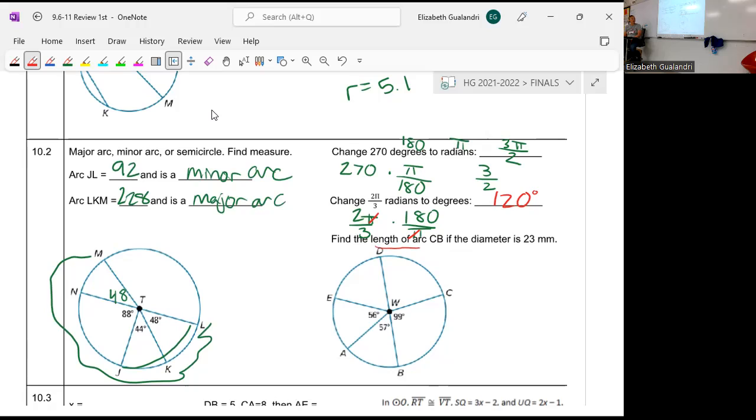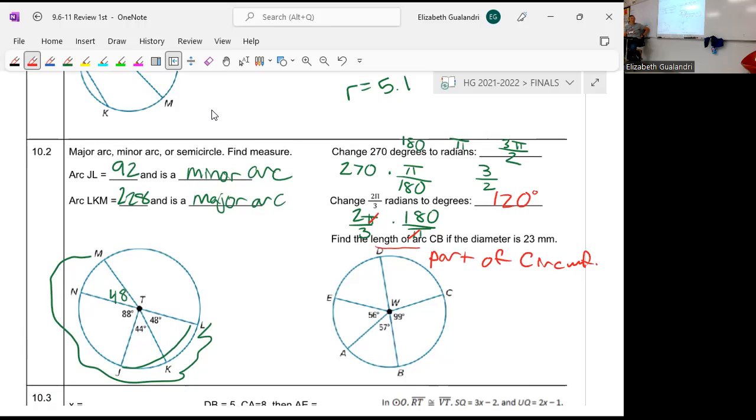Okay. Find the length of an arc. The length of an arc is part of the circumference. That means I need to find what part it is. So it wants to find the length of arc CB. If I find CB out here, it has an angle measure of 99 degrees.